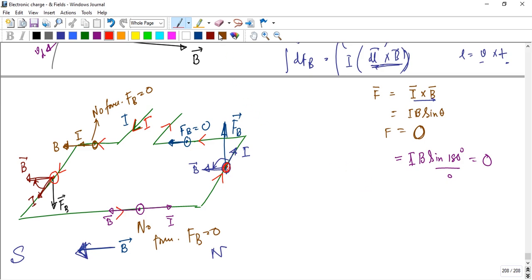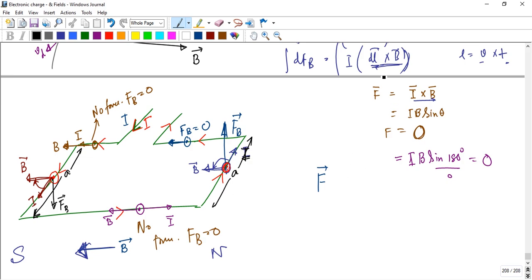Suppose this line has length A, and here similarly the length is A, and the current in that direction is I.